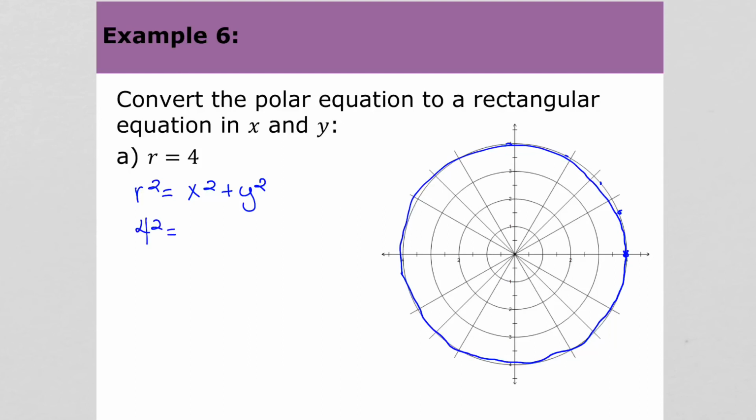So 4 squared is equal to x squared plus y squared. So x squared plus y squared is equal to 16. And that's your answer. That is r equals 4 in rectangular form. And if you'll remember when we graph circles, that is the equation of a circle with radius 4.